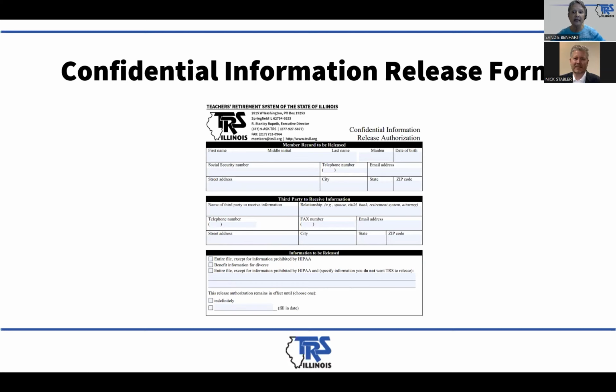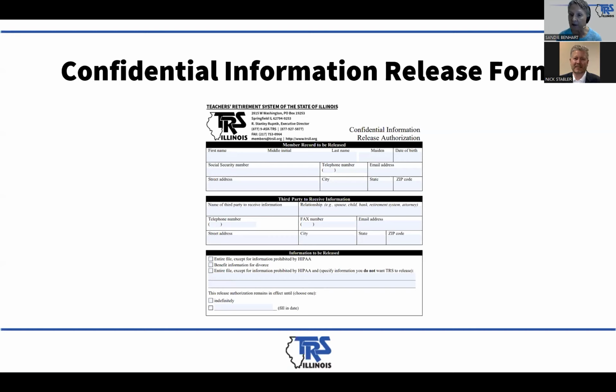So do you want us to be able to talk about absolutely anything other than HIPAA related information? Benefit information for divorce. If we have that filed, can we give that to someone else? Or everything except the HIPAA and the other information that you may not want.